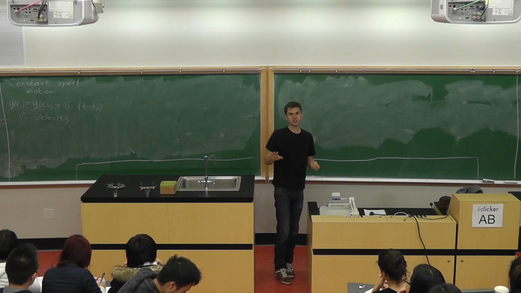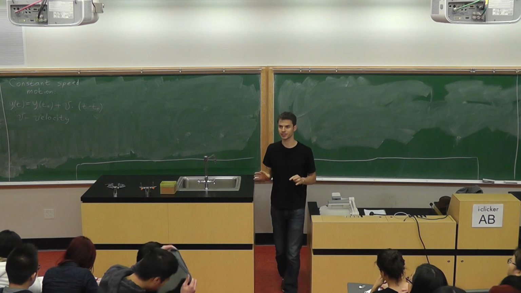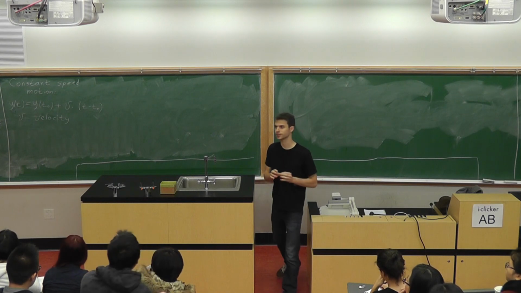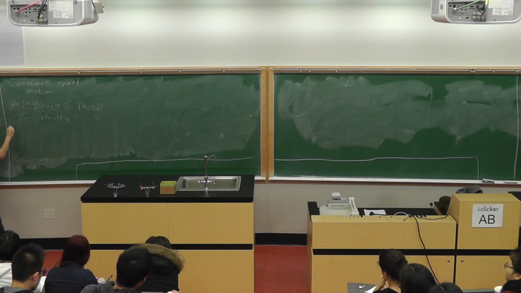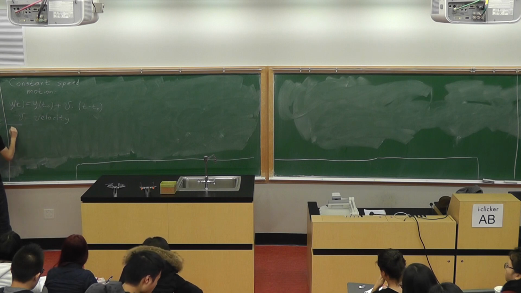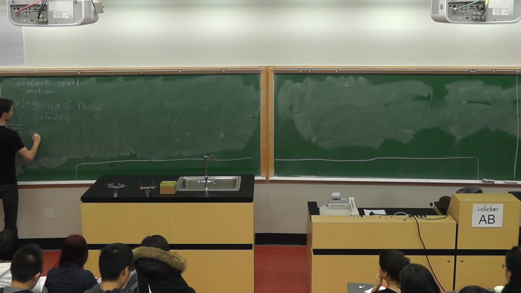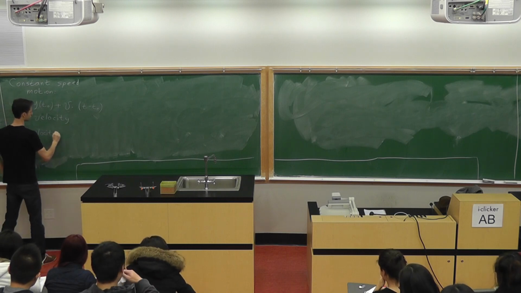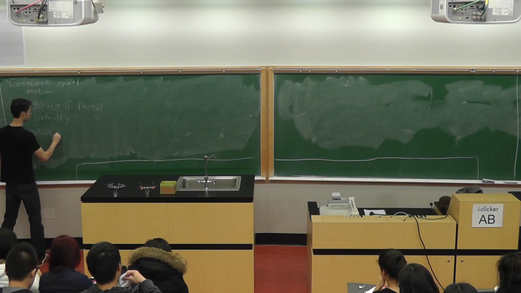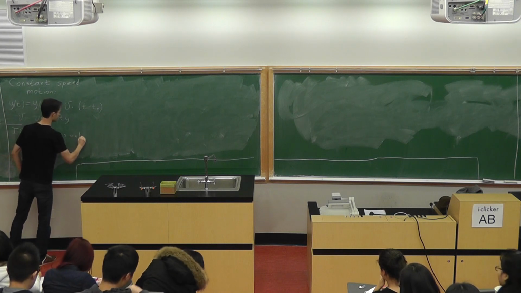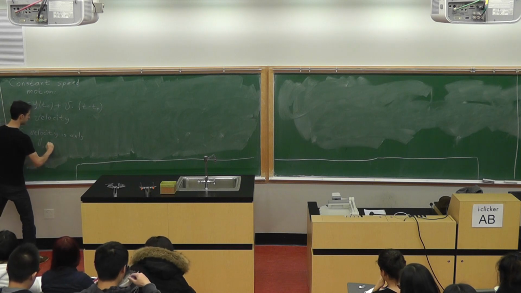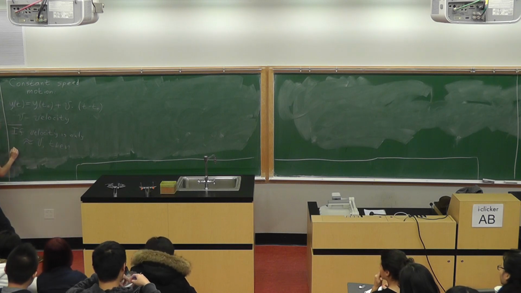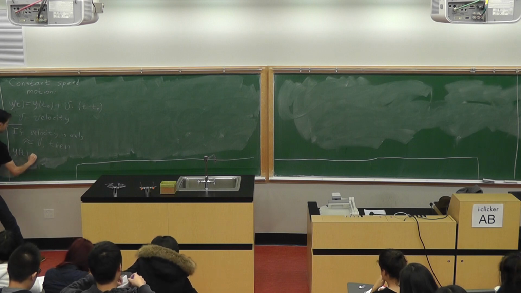Well, that's what happens when the speed is constant. When the speed is not constant, but say nearly constant, so almost not changing, what happens? Well, of course you can replace this by an approximate quantity. So if the velocity is only approximately equal to v, then you have this equality, but only approximately.